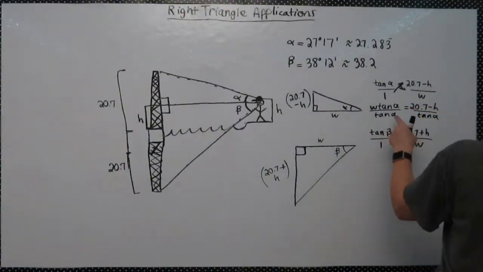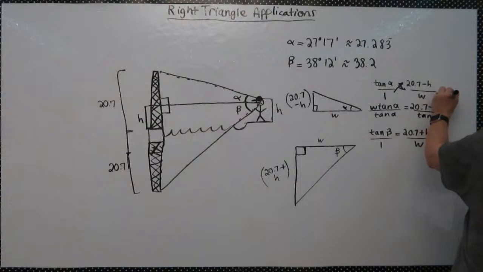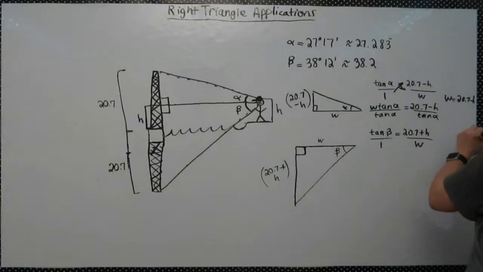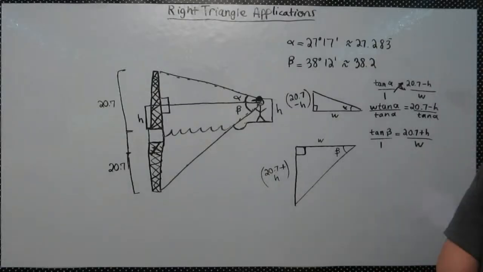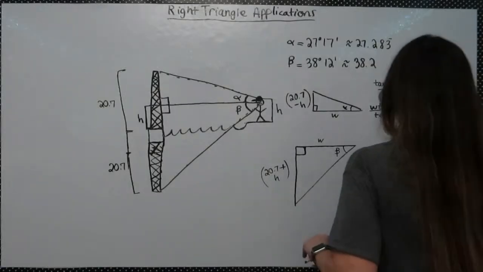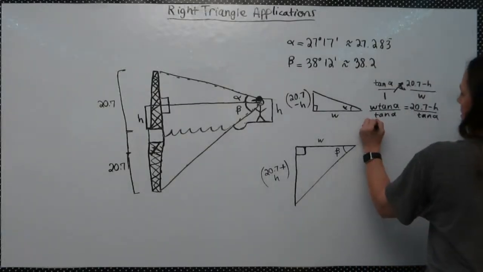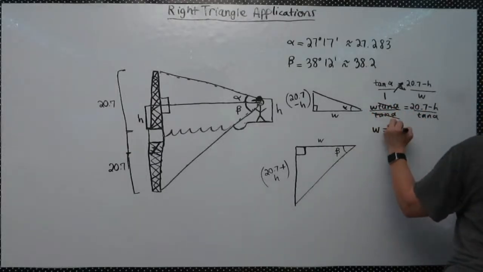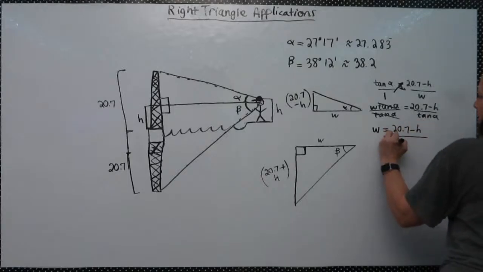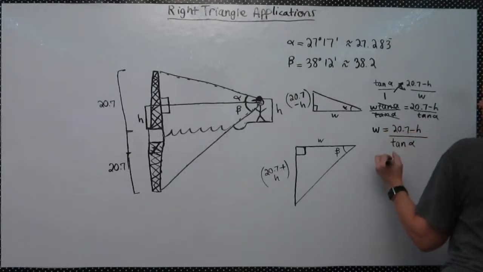I ran out of room, so I'm going to erase this one and put it underneath. W equals 20.7 minus h divided by tan alpha.